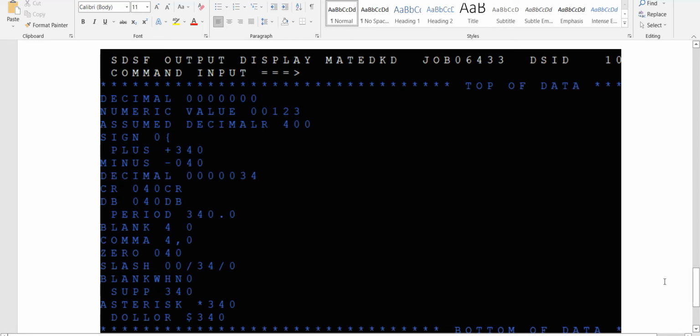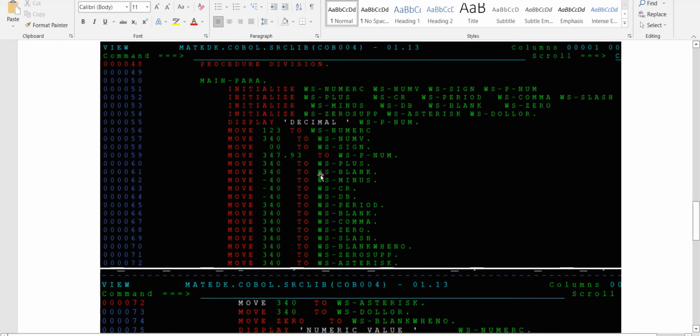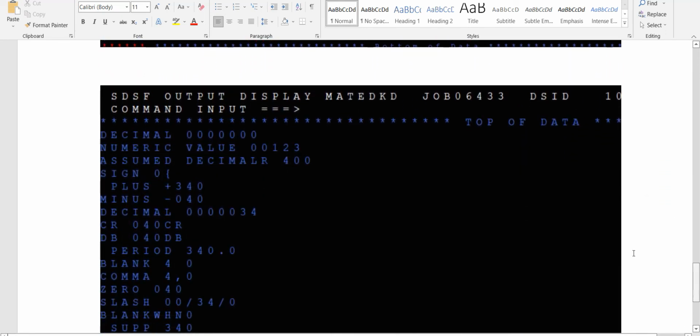Okay, but for assumed decimal what we have given here is 340, but it takes from right to left, right? So 0 first then 4, but we have declared 9 of 3, so it is displaying 4 zeros. What does it mean? 40.0. Okay, it will display because assumed decimal, I told you, right? There is no point, it will show directly the number.